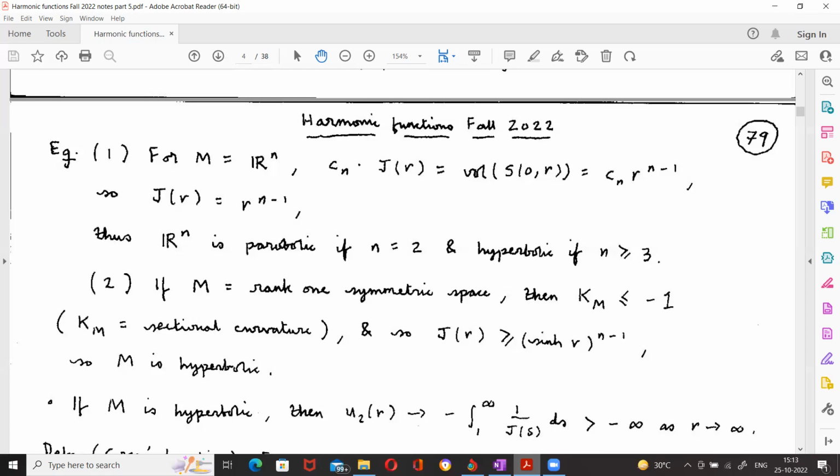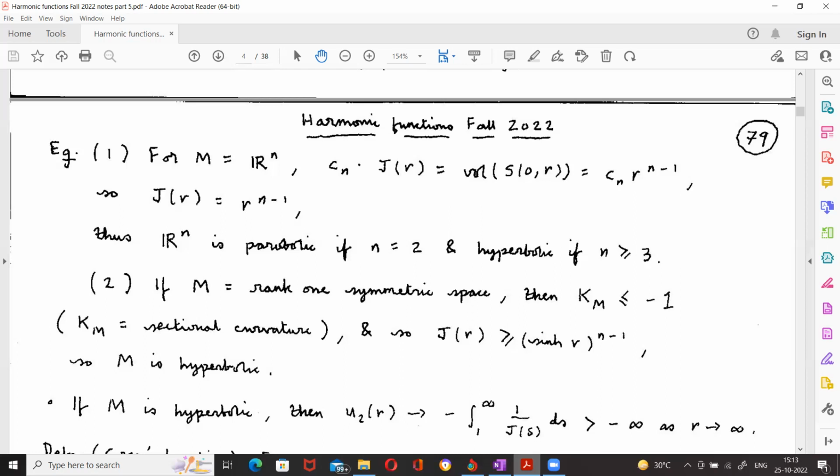I think in terms of the Brownian motion, parabolic means the Brownian motion is recurrent, and hyperbolic means the Brownian motion is transient. So transient means with probability 1, every sample path of the Brownian motion goes to infinity. That means it leaves every compact eventually.